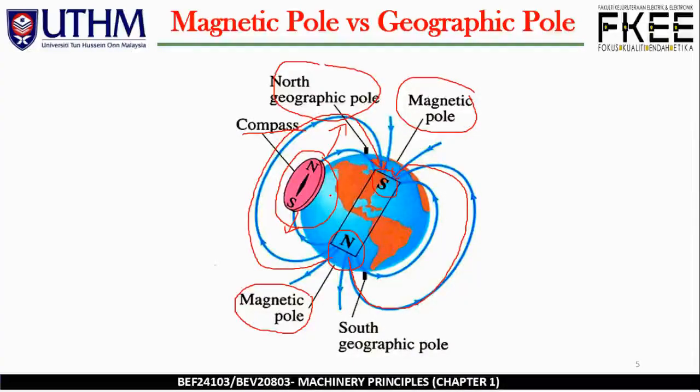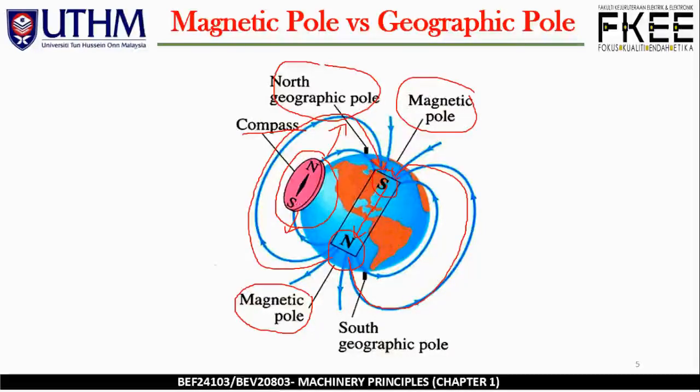Similarly, you can see from a compass, it must go from north to south outside the magnetic bar, for example, and then inside this magnetic core, you see the flux, or the magnetic field, is actually flowing from south to north.